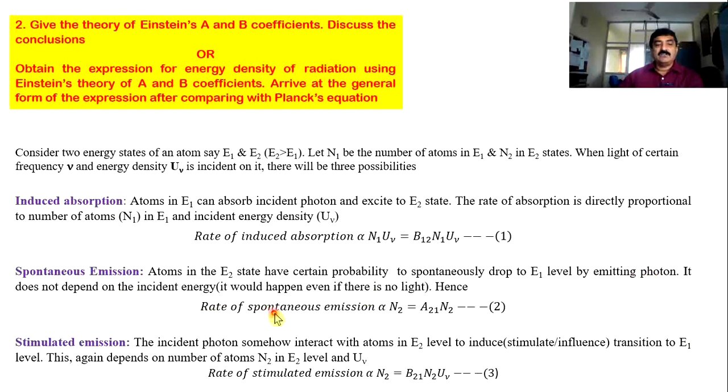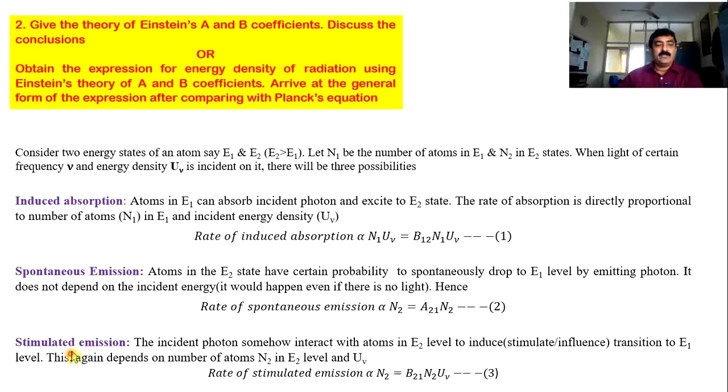And the rate of spontaneous emission is depending only on the number, not on the incident energy. It does not depend on the incident energy. Means it does not require anybody's support. Therefore, rate of spontaneous emission is just proportional to N2, that is A21 N2.